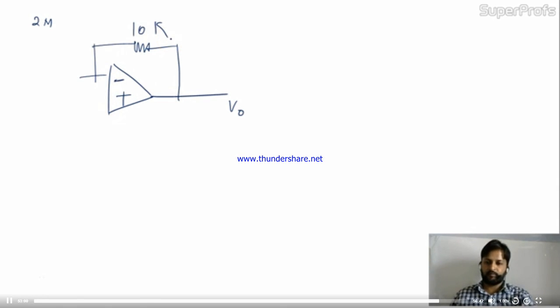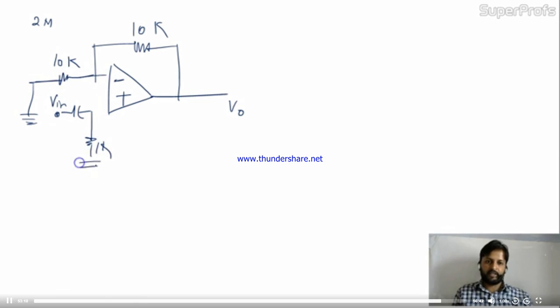And over here you are connected with 10K. This is grounded. A capacitor with input V in, and 1K grounded. So this is 10K, a 2 marks question.